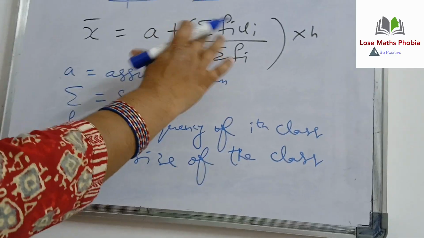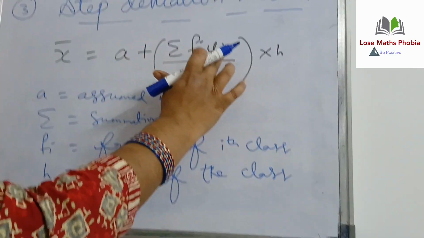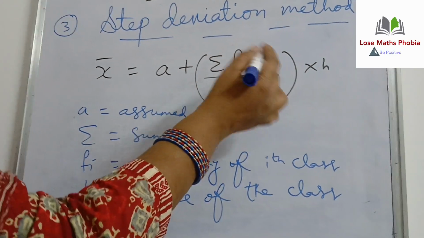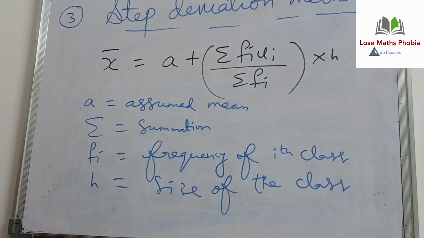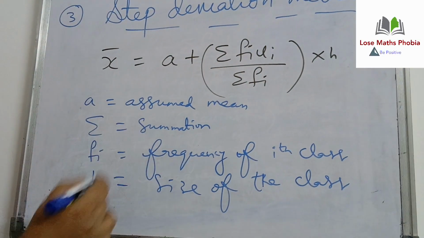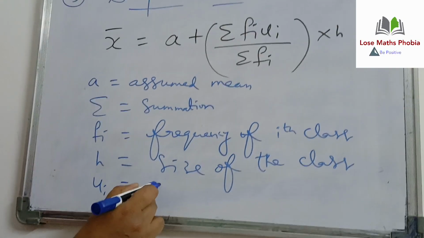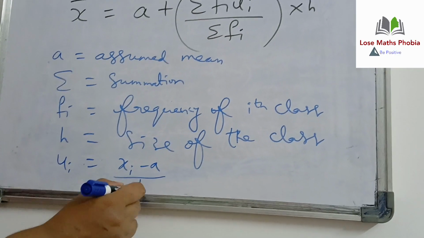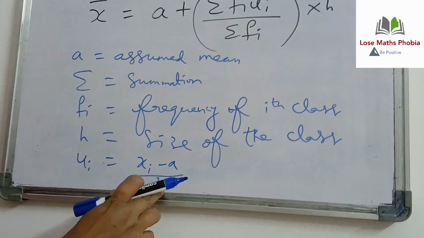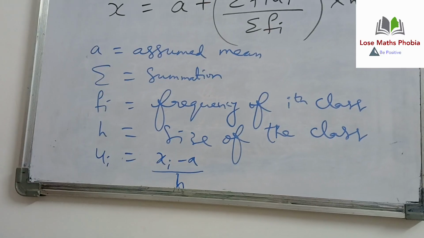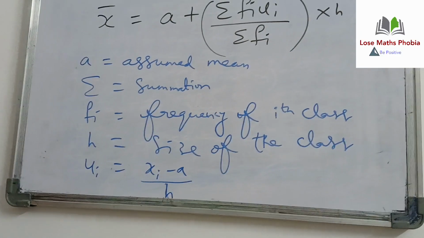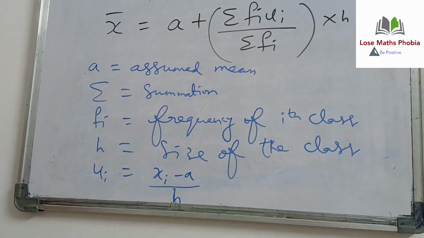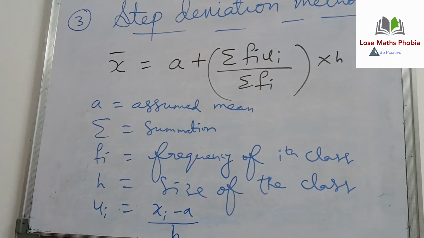And already we have discussed that summation Fi ui means we multiply the Fi column and ui column, and that column will be added. You will be getting that. And what is ui? We do xi minus a, like di, and when we divide by h we get this ui. It is also a beautiful formula. Generally nowadays this formula is asked in the examination instead of mode or median.